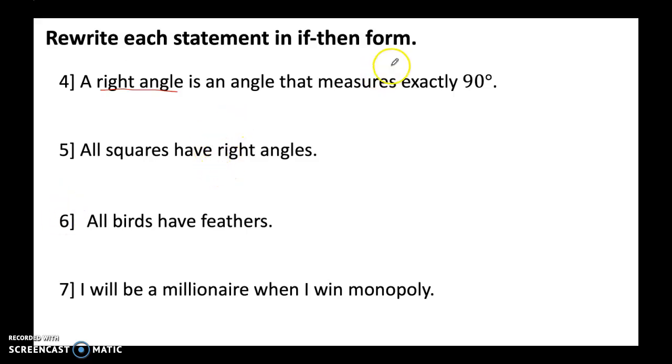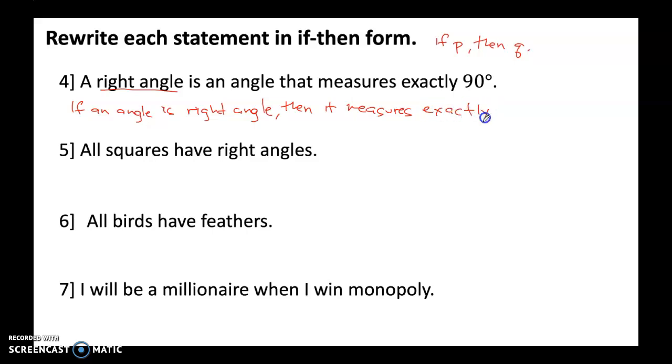So to write this in if-then form, again, if P, comma, then Q. If an angle is a right angle, comma, then it measures exactly 90 degrees, and with the period.